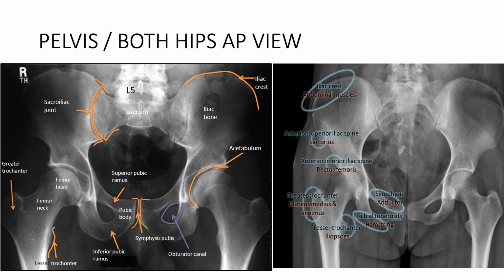So when you see avulsion fractures on these areas, then you generally know which muscles are involved, especially when you are an orthopedic surgeon. So you have to know these general tips.